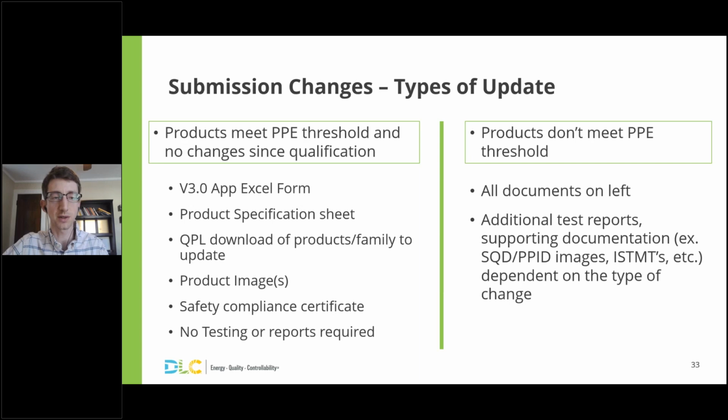For that scenario, you'll need to submit an update application with the version 3 application Excel form, product specification sheet, a QPL download of the products or family that you want to update. This helps the reviewer understand all the products that are involved in the update, and is useful for reviewers to gain an understanding of what was done previously with that product family.